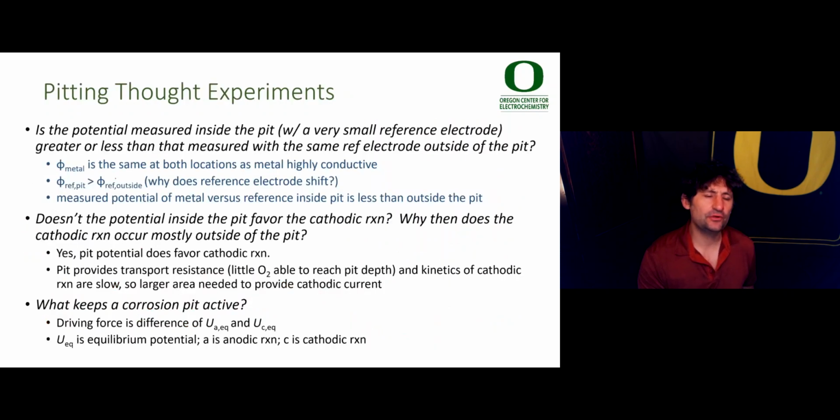So let's run through a few thought experiments about pitting, a useful exercise to make sure we understand it. One question you might ask is whether the potential measured inside the pit, with a very small reference electrode, is greater or less than that measured with the same reference electrode outside the pit.